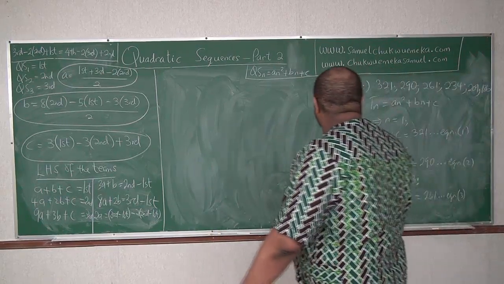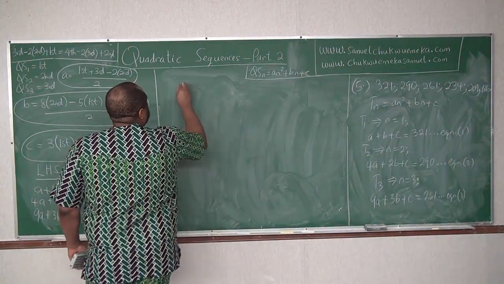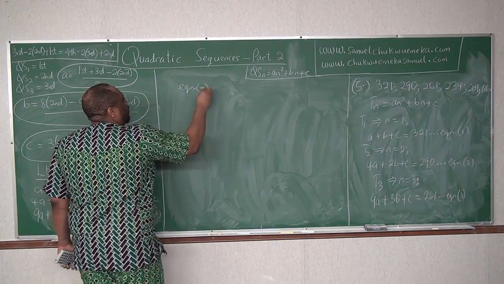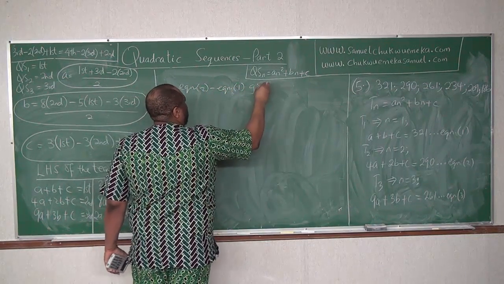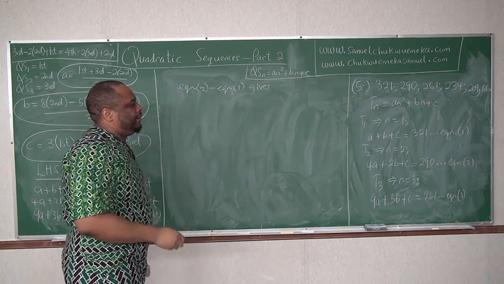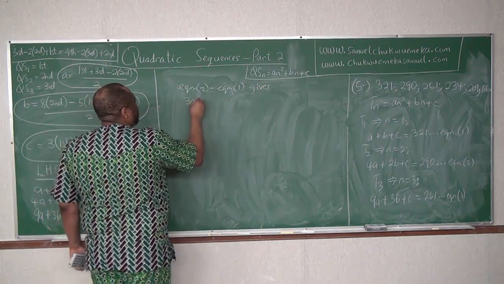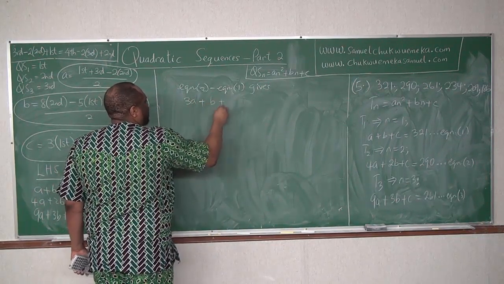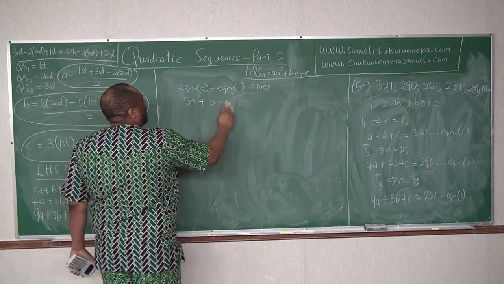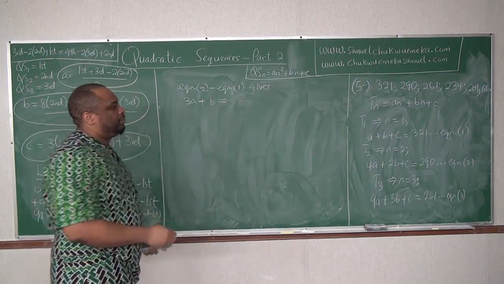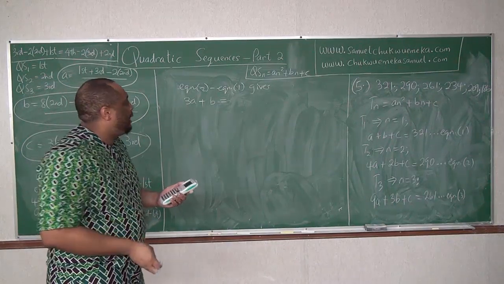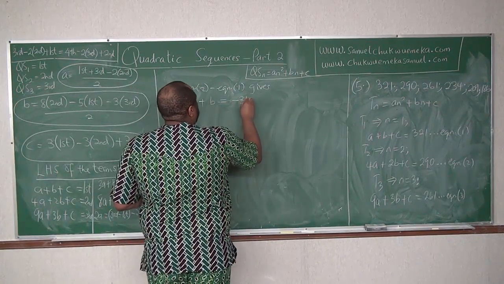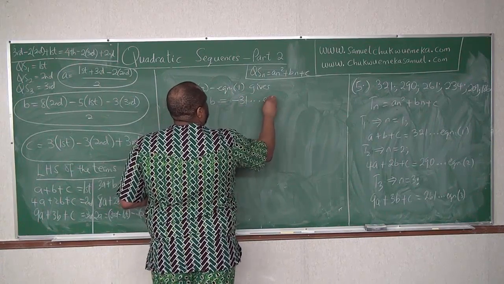Equation 2 minus equation 1 gives 4a minus a is 3a, 2b minus b is b, c minus c is gone. 3a plus b is equal to 290 minus 321, which is minus 31. Call it equation 4.